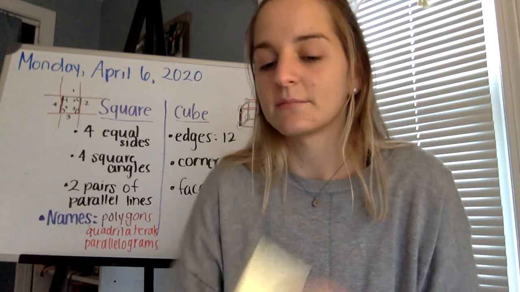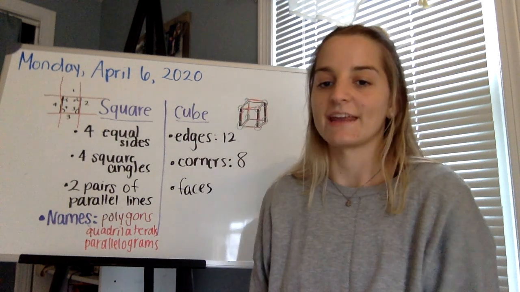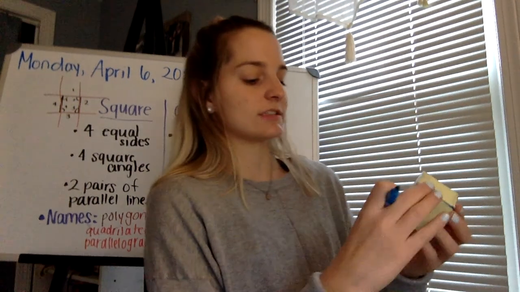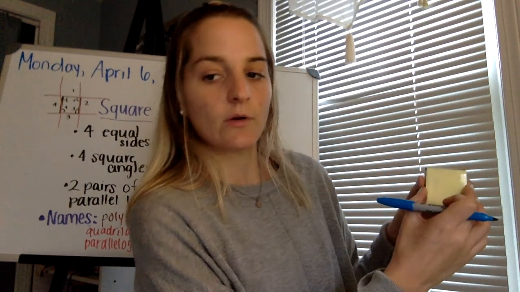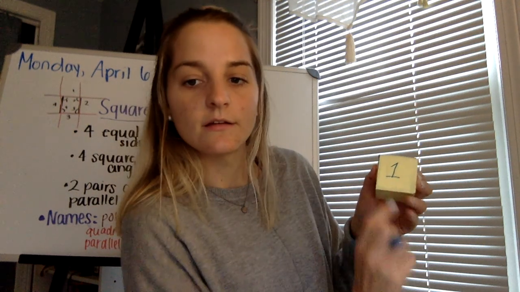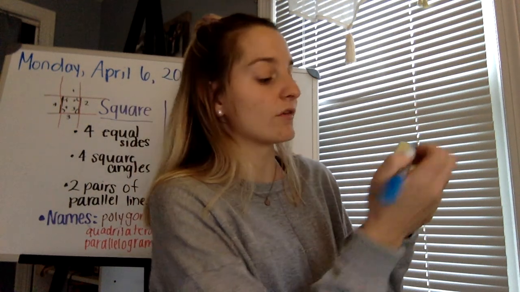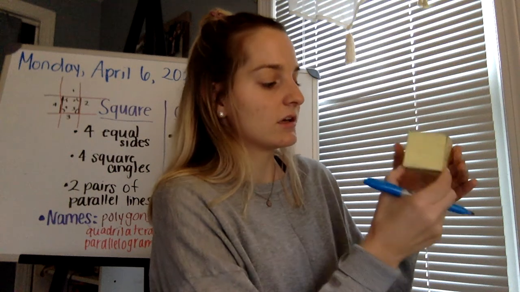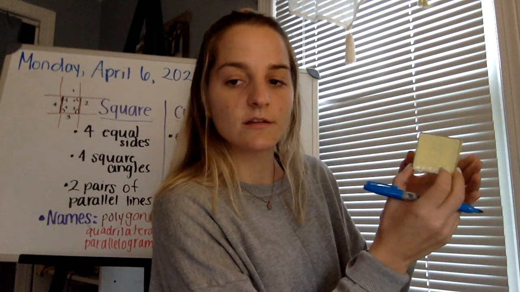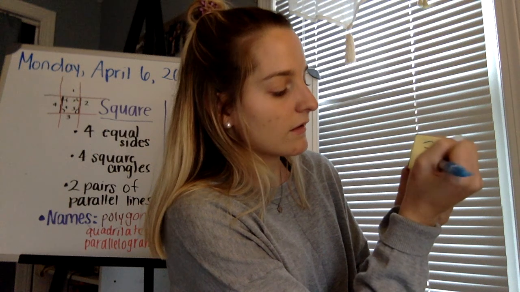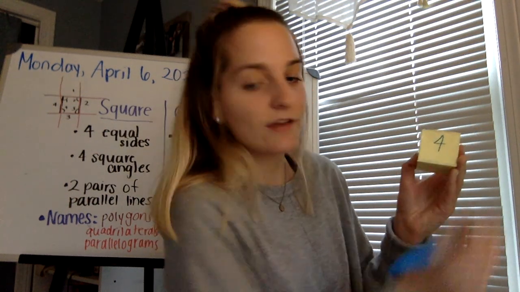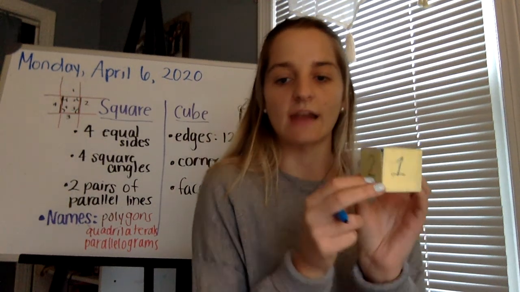Now let's count them together so we can see how many faces a cube has. Let's start here, okay? I'm going to do my best. Let me start over. 1 face, 2 faces, 3 faces, and 4 faces around the side.